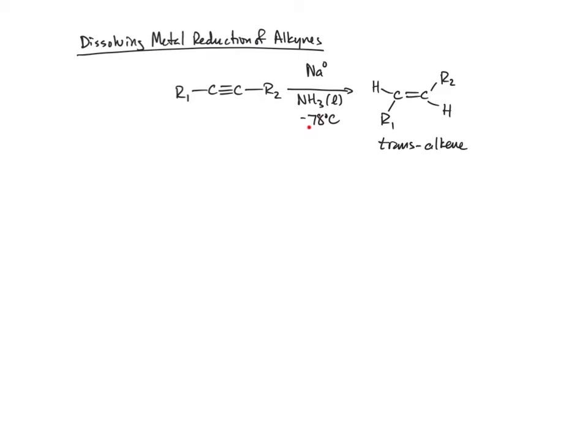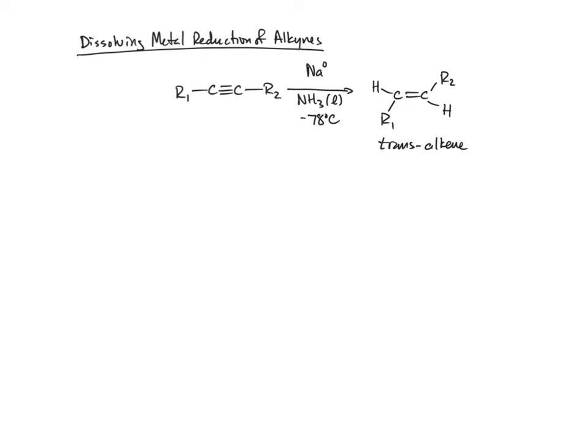Reactions are typically run at -78 degrees. So you have liquid ammonia, your alkyne, and you throw in little chunks of elemental sodium. What will actually happen is an electron transfer process which reduces the alkyne to a trans alkene.